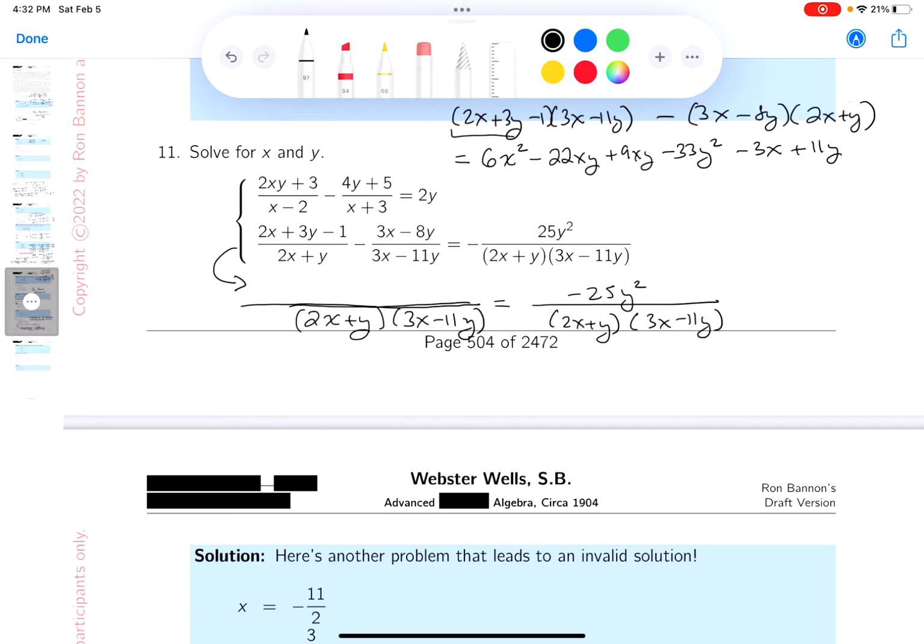By the way, this is the only thing I did, but I'm still not done with it. I'm going to simplify it a tiny little bit. 6x squared, let's see, minus 22 plus 9 is minus 13xy, minus 33y squared, minus 3x plus 11y.